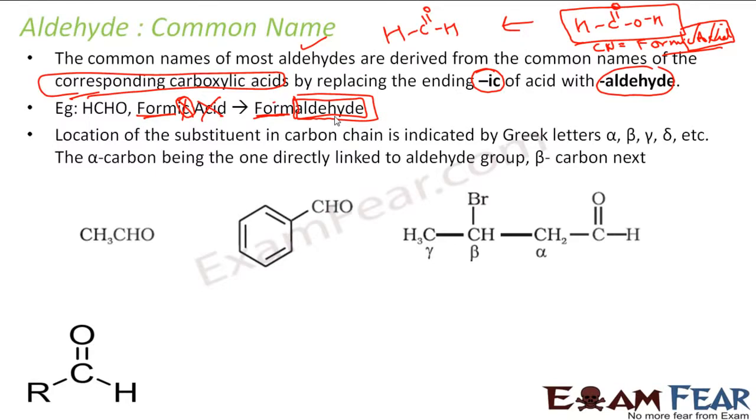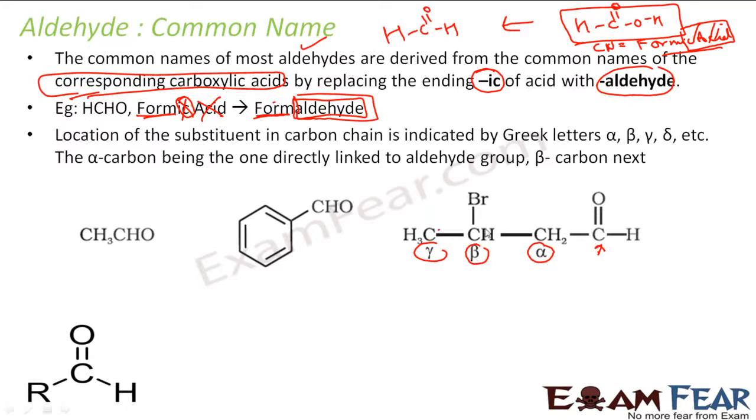The location of the substituent carbon in the chain is indicated by the Greek letters alpha, beta, gamma, etc. So if this is my CO group, alpha is the one which is directly linked to the aldehyde group. This is my alpha, this is my beta, this is my gamma.